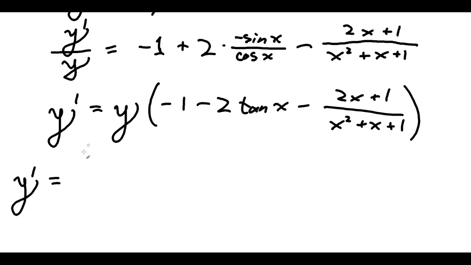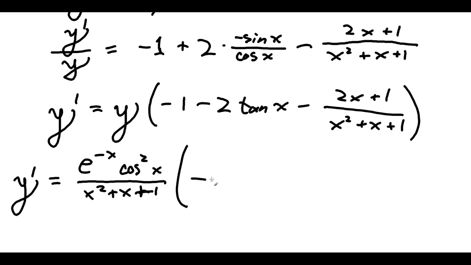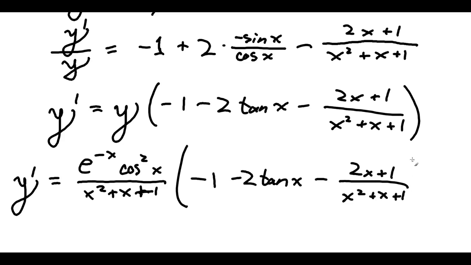So you'll go back to the beginning, the original definition of y, and say, okay, so that is e to the negative x cosine squared x over x squared plus x plus 1, times all of this stuff: negative 1 minus 2 tan x minus 2x plus 1 over x squared plus x plus 1.